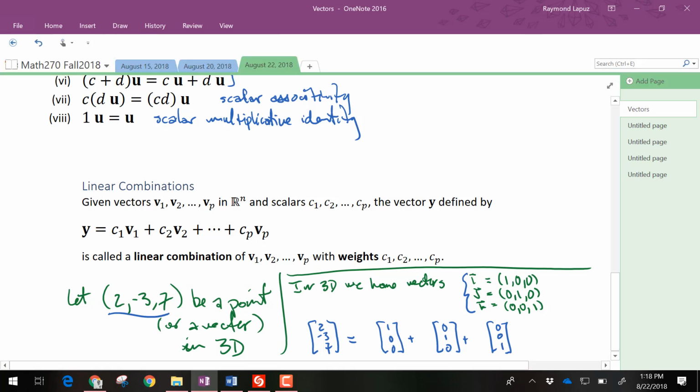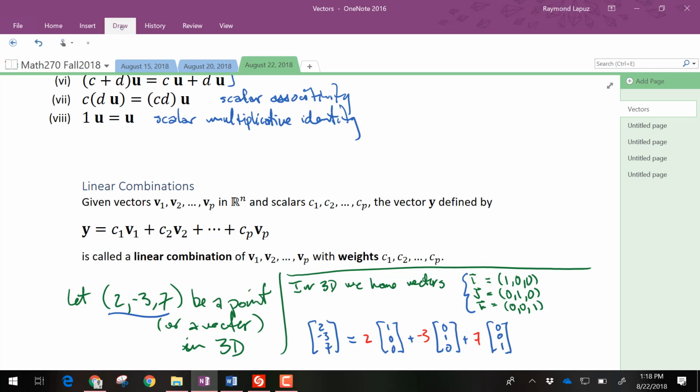We know what these numbers should be, right? Using the rules for addition and scalar multiplication, we scale the i vector by 2, the j vector by -3, and the k vector by 7. Doing the scalar multiplication and addition, we get exactly 2, -3, 7.